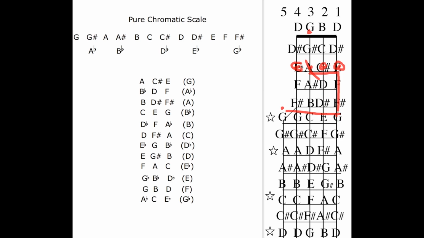By the way, if you're in a musical group, the bass player's job is to play the root note at all times, usually the root note and the 5th. That means this note and that note in our chord structures. A, E, A, E, A, E, C, G, C, G, E, B, E, B, E, B. They're rocking back and forth on two of the notes that are in the chord.